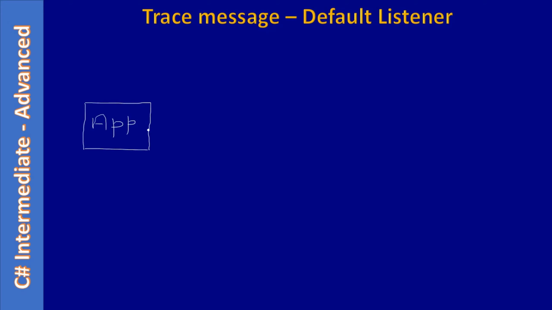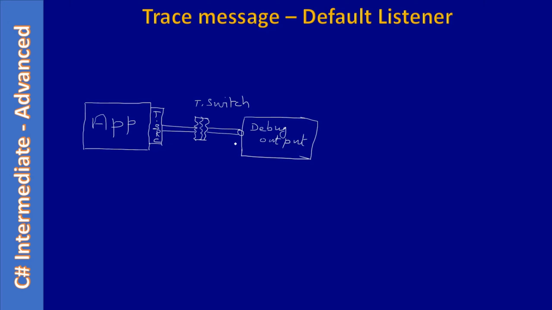So this will be our app. So in this video, we will create our trace source. Then we will create our trace switch also. Then we will see how the trace message is delivered to debug output window.